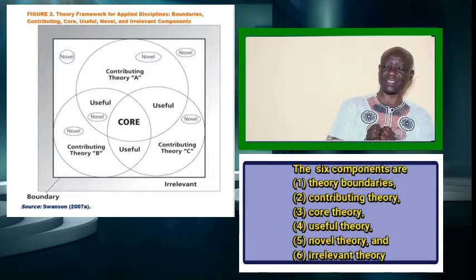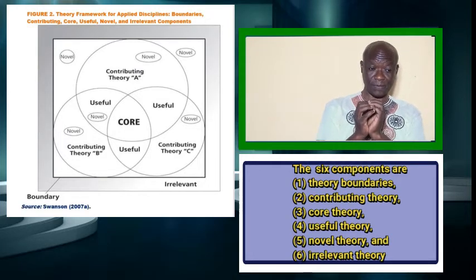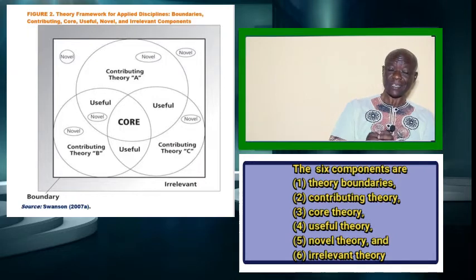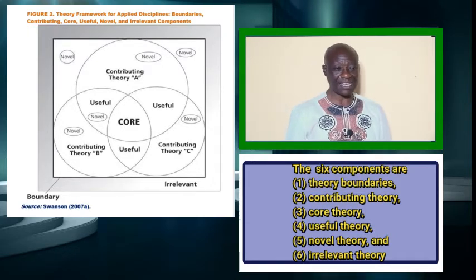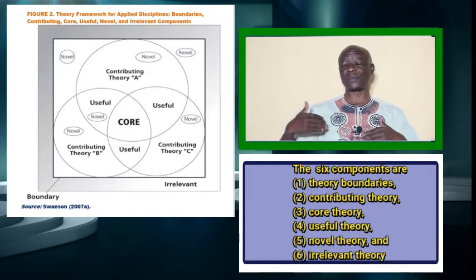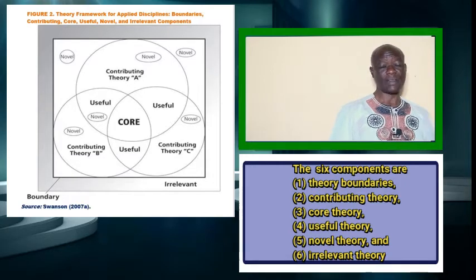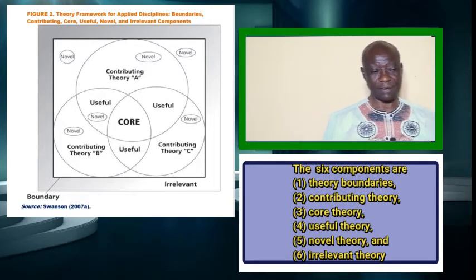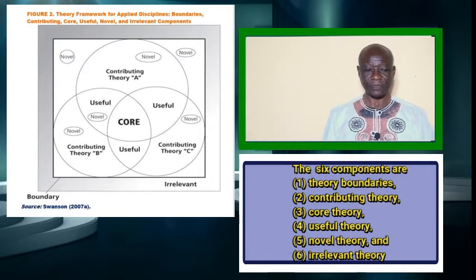That point of intersection has the word core, and that's what we call a core theory. So the intersection and integration of the contributing theories that operationalize the definition, the purpose, and the assumptions of an applied discipline can be referred to as core theory.